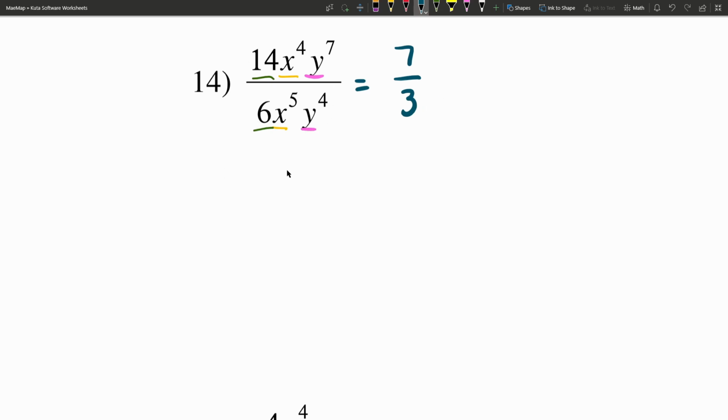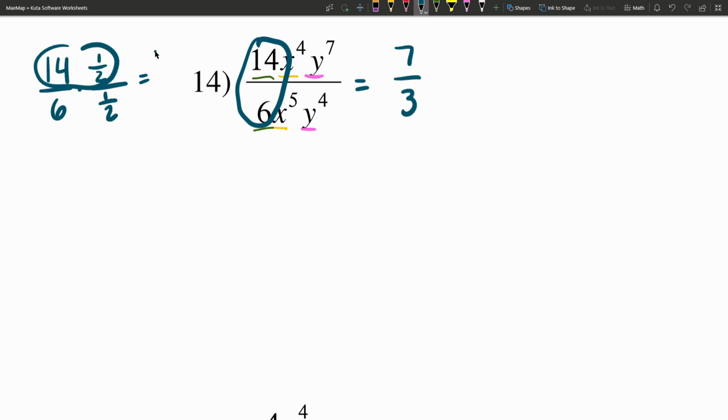And again, we can simplify coefficients down because all I'm doing is multiplying them by a positive 1. 14 over 6 times 1, where that 1 is really going to be a 1/2 over a 1/2. 1/2 divided by 1/2 is 1. 14 times 1/2, 14 divided by 2 equals 7.